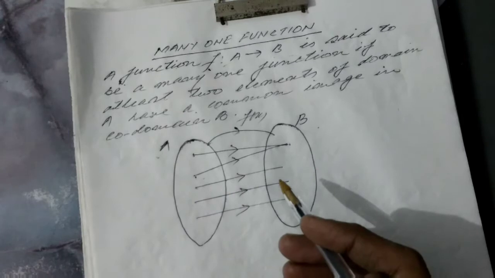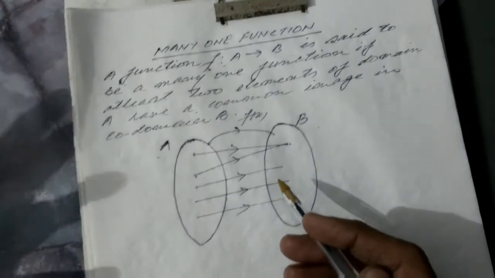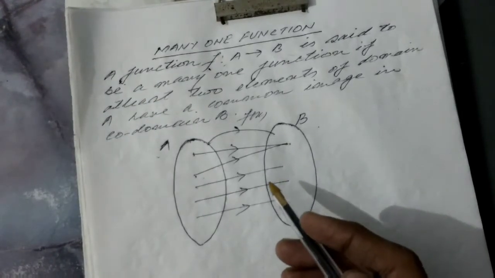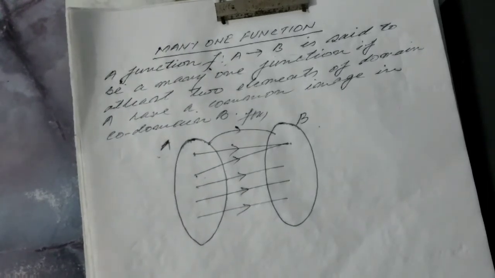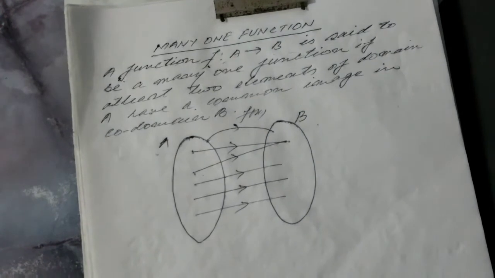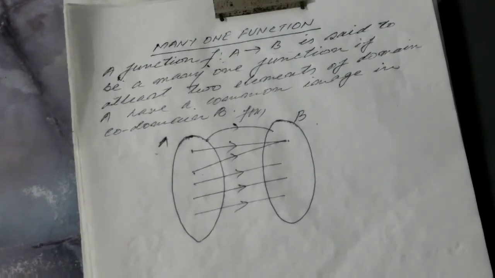Though there may be more than two elements which have the common image in B, at least two elements must be there which have a common image. Then the function is said to be a many-one function.